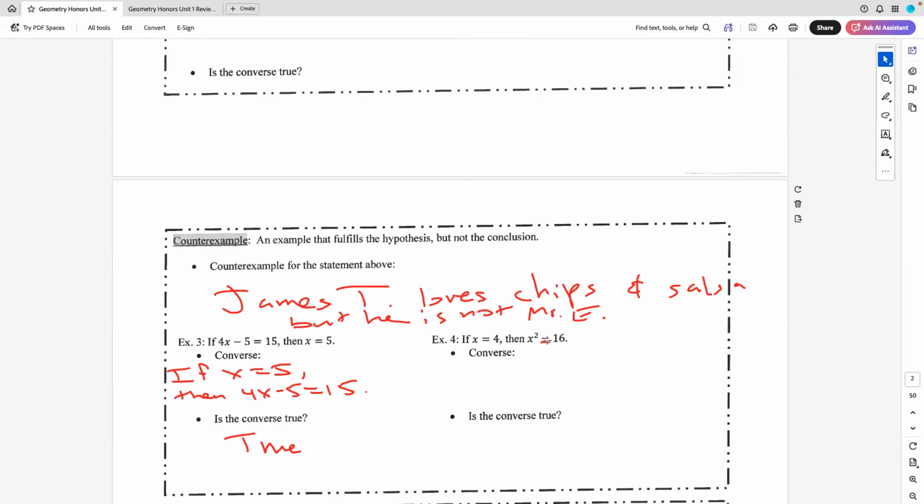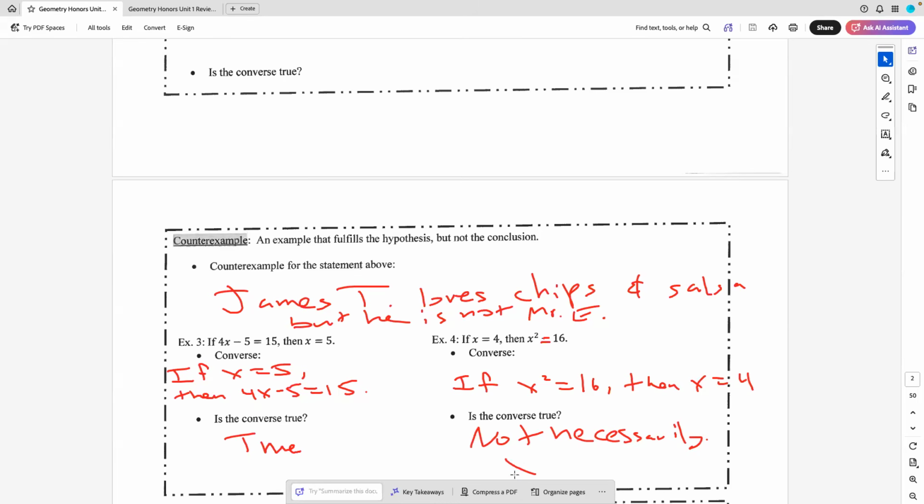That should be an equal sign, by the way. Is the converse true? Not necessarily. X could equal negative 4. Yes, of course, x could equal negative 4.